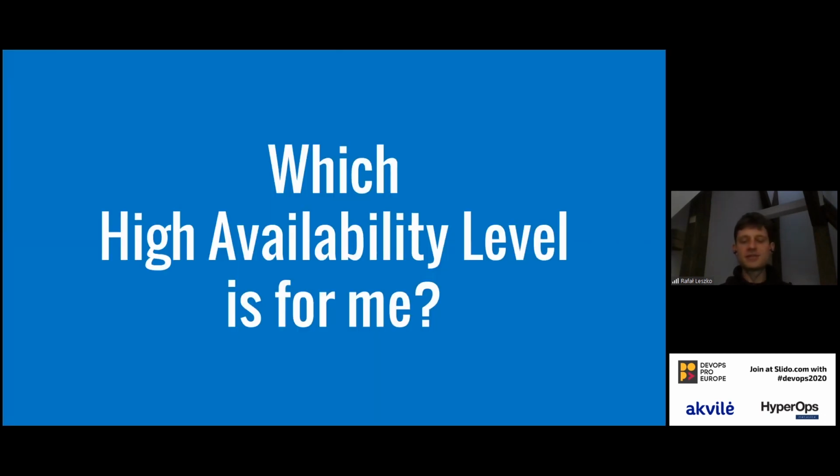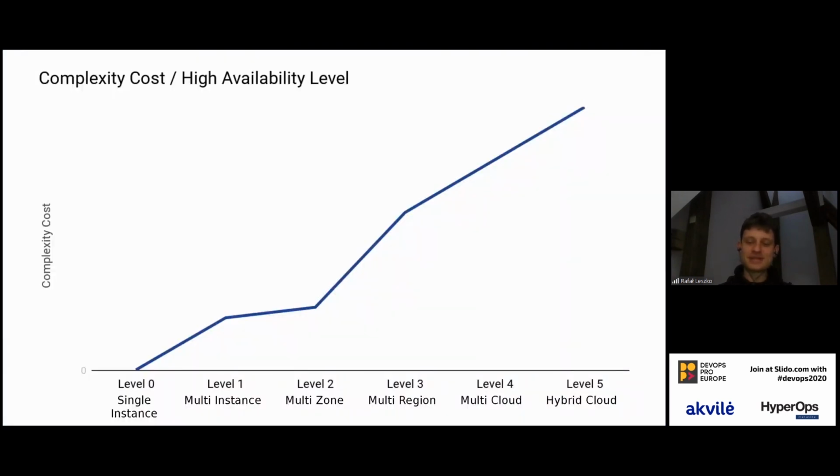So which high availability level is for me? This is super simplified, but if you are a normal guy and you don't know, then this is your high availability level, because it's still simple to set up, it's pretty secure, and you'll be fine with that. If you're a cowboy developer, obviously you can use no high availability.